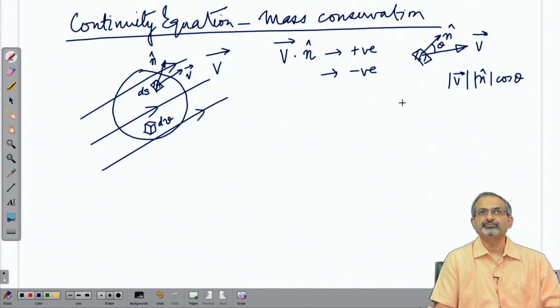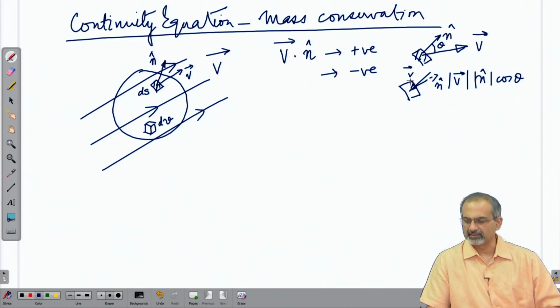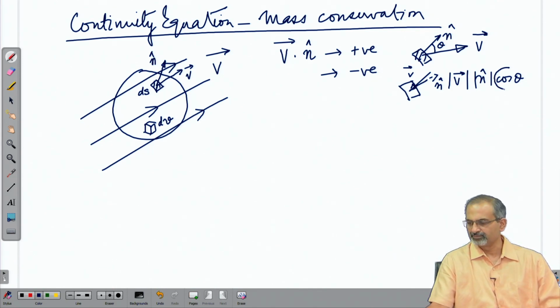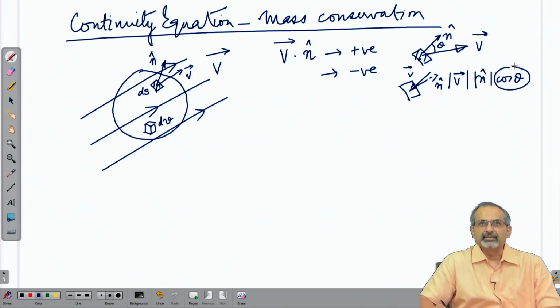And on the other hand, when the velocity is pointing inwards, then the unit normal and the velocity are pointing in almost opposite directions, and therefore the dot product will end up creating a negative value. It is because of the cos theta, which will then become negative.